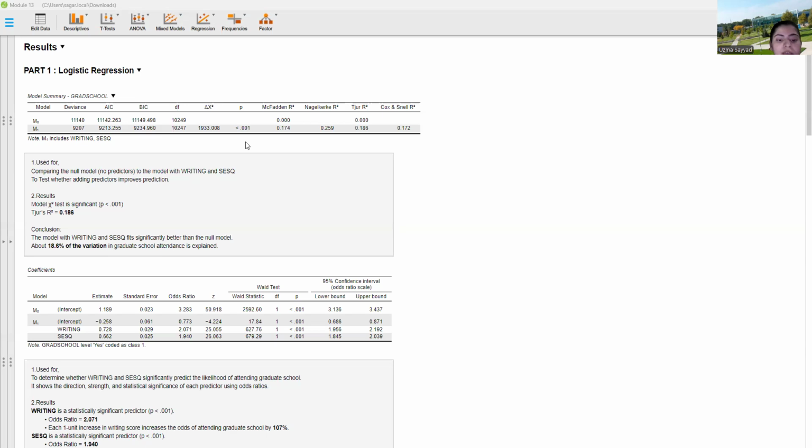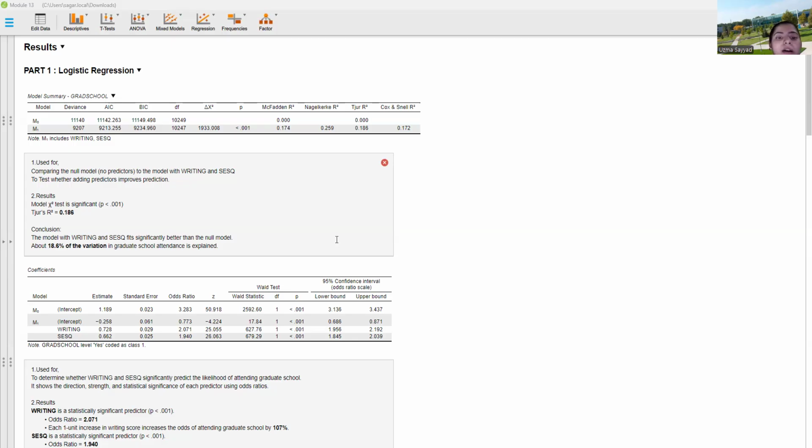The Tjur's R square value is 0.186, which means that this model explains about 18.6% of the variation in graduate school attendance. For logistic regression, this represents a relatively strong model fit.